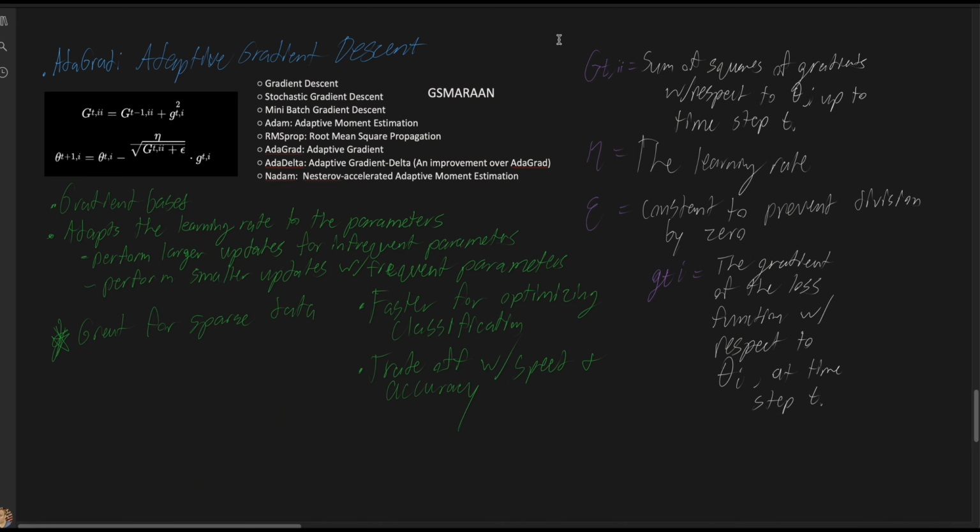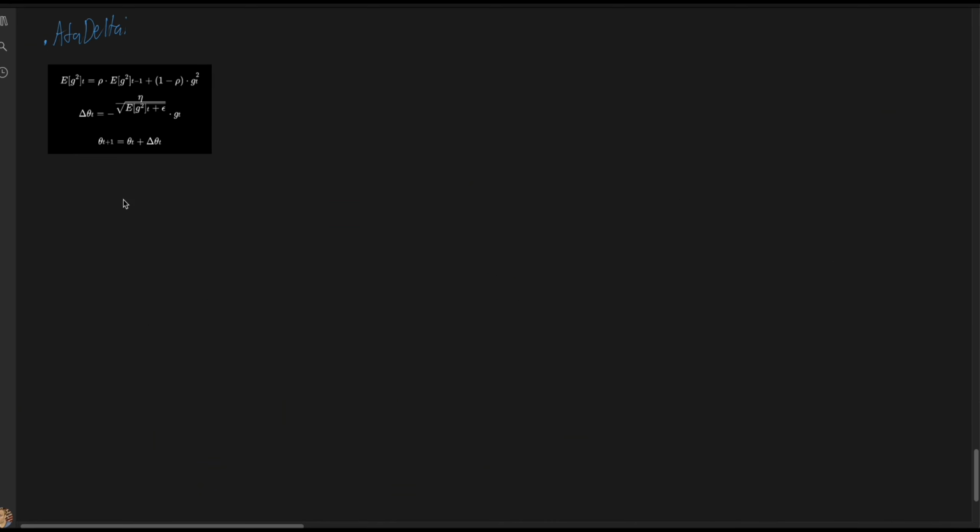And now let's move over to our next part, AdaDelta. AdaDelta, or adaptive gradient delta, is an extension of Adagrad that seeks to reduce its aggressive, monotonically decreasing learning rate.